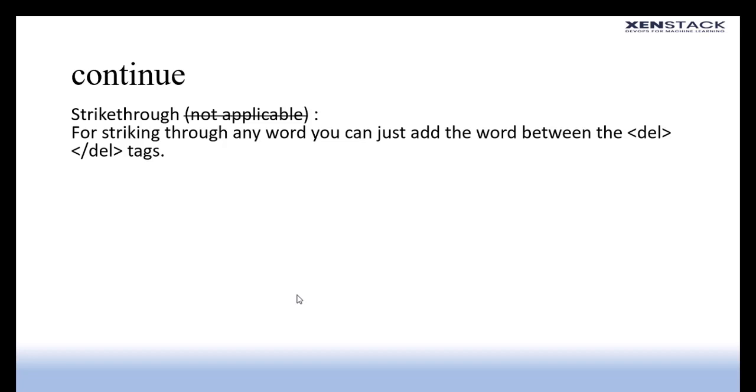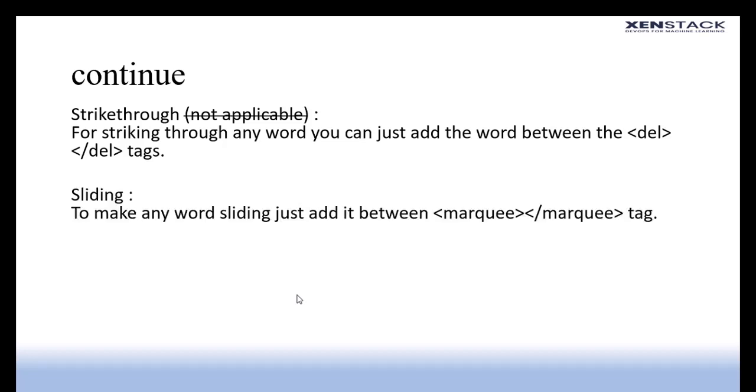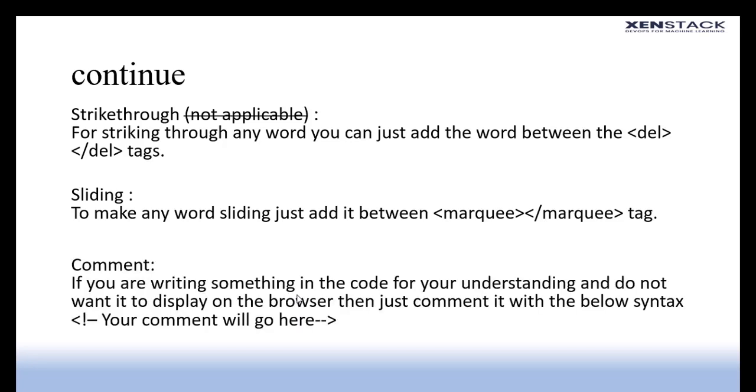If you want to strike through a particular word, you can use the del tag, which is short for deleted. Next is sliding. When you want your word to slide from one end to another, by default it slides from right to left. When you want to make any word slide, you will be using the marquee tag. Don't worry, we will see all these tags in an example just after this.